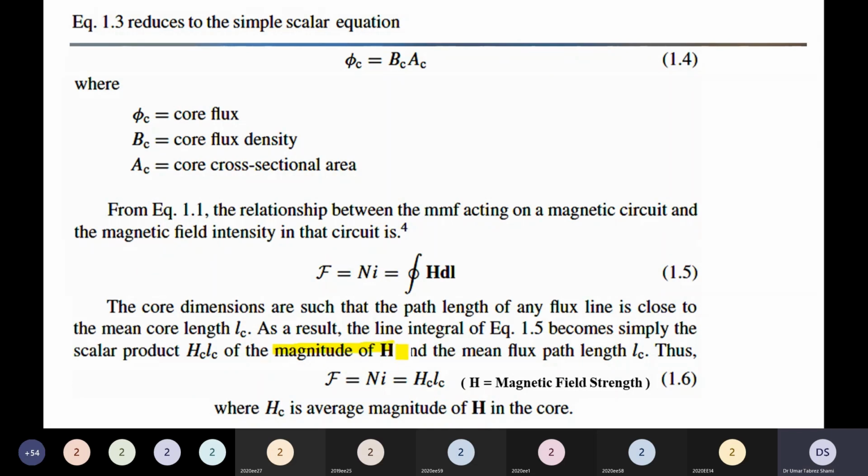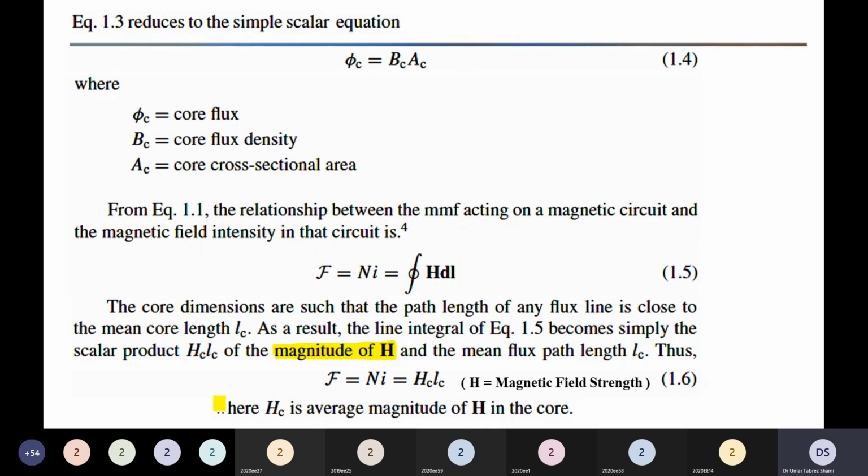Can somebody tell why H is a vector? Because H always has a direction.